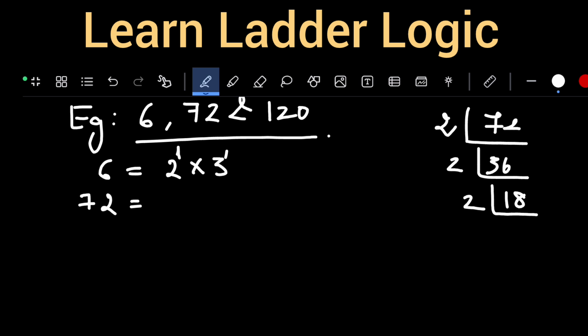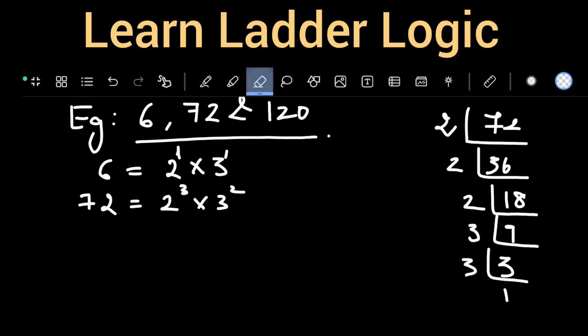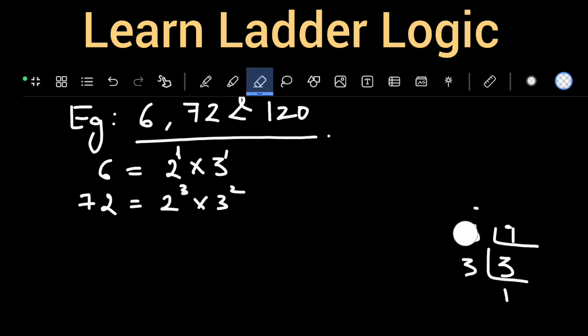Then 9, 3 and 3. So 72 can be written as 2 to the power 3 into 3 to the power 2. Simple. Now let me do the number 120.